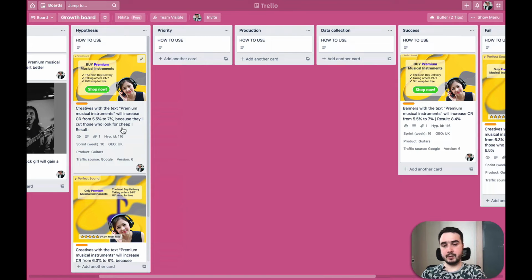All members of the team move the hypotheses that are believed to be better to this priority column. This is for the case when you have a lot of ideas, a lot of hypotheses, and you understand that you don't have time to test them in this sprint, in this week. Usually I work in weekly or two-weekly sprints.